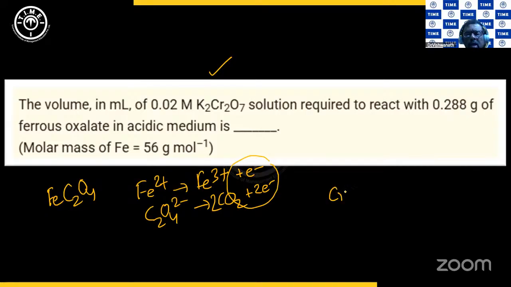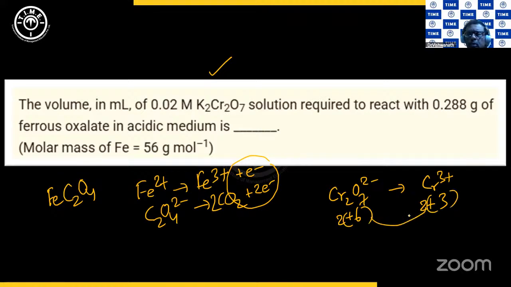And then in dichromate, Cr2O7 2- turning into Cr3+. This is +6 and that is +3. There are 2 such chromiums. So 2 chromiums to 2 chromiums will be 6 here. So for every 6 moles of electrons, the change in oxidation number is how much? 6. For them, the change in oxidation number is 3.